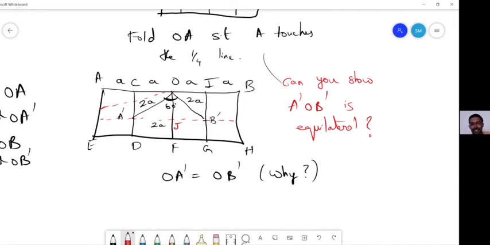So now, what can we say about this length? We'll call this point L.